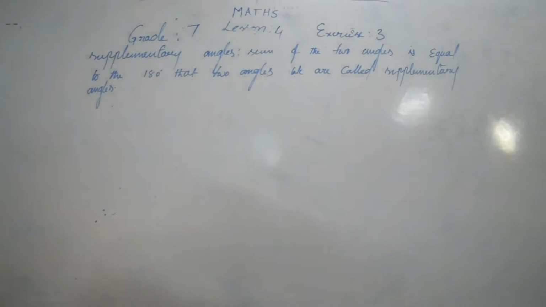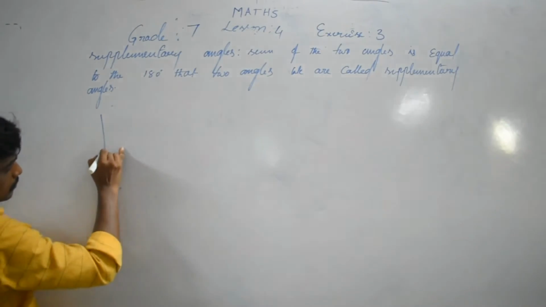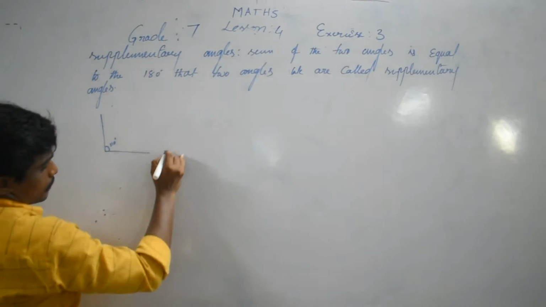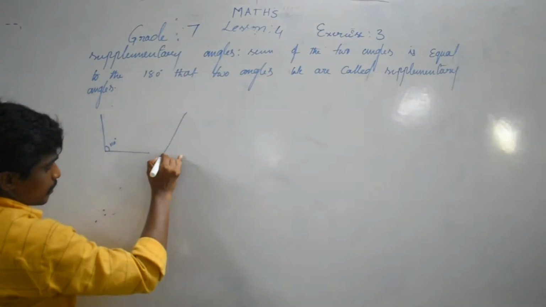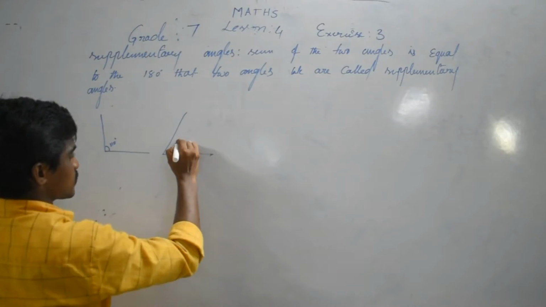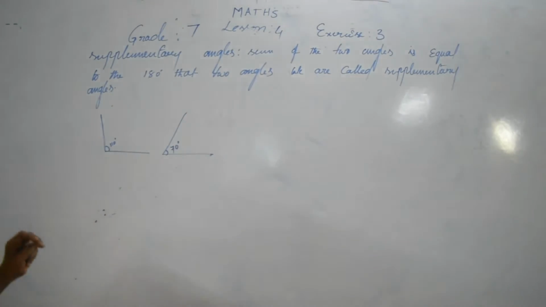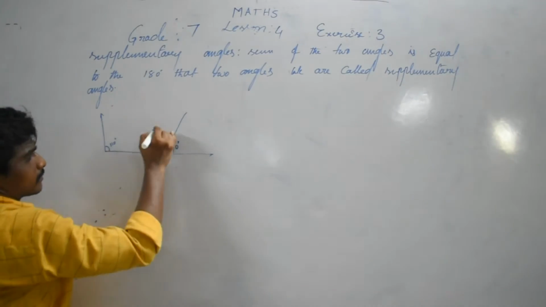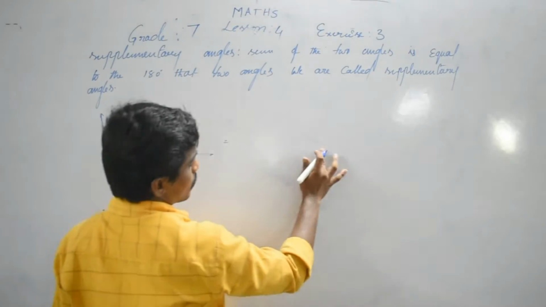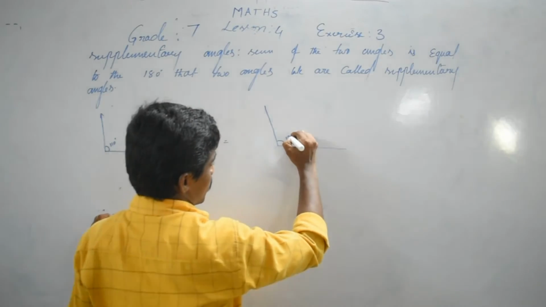So let's see. This is 110 degrees. This is 70 degrees. So 110, 70. These two, you add. How much? This one is 110.